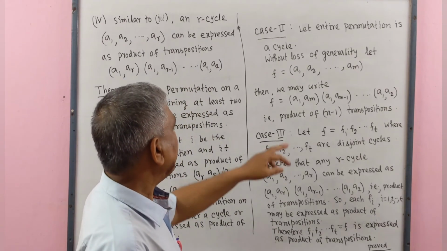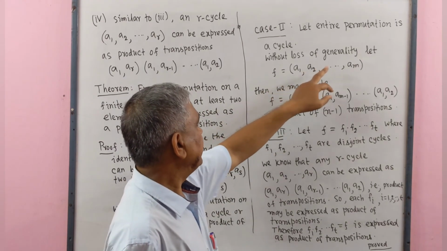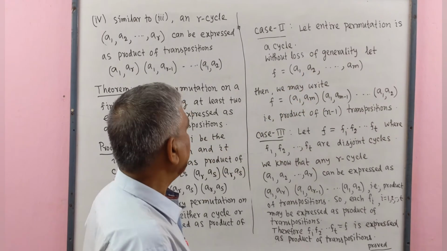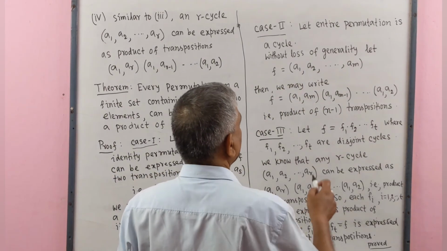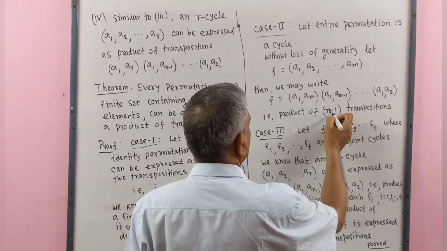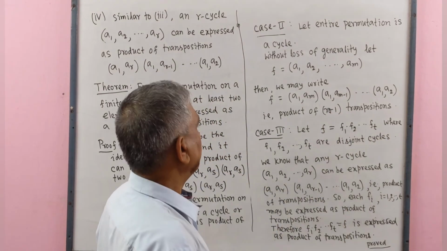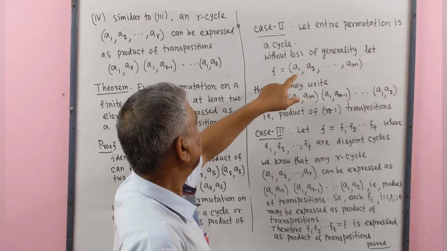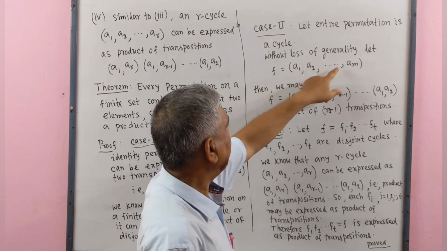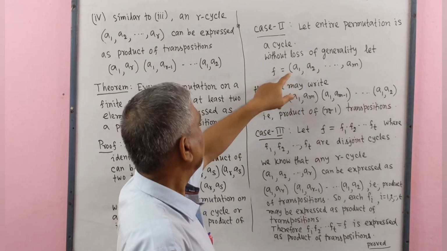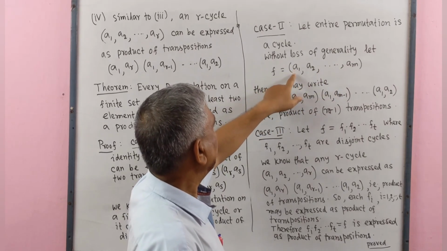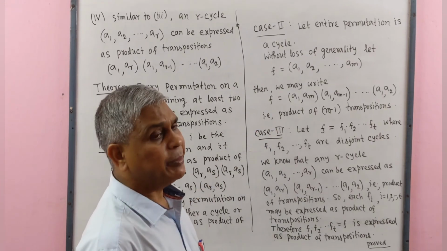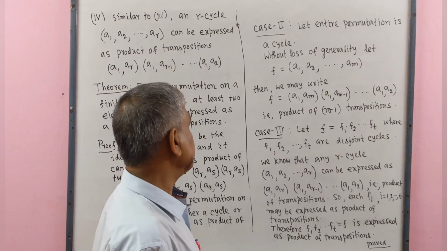Then we may write this M-cycle as product of M minus 1 transpositions. Transpositions are (A1 AM), (A1 AM minus 1), ..., (A1 A2). That is product of M minus 1 transpositions.